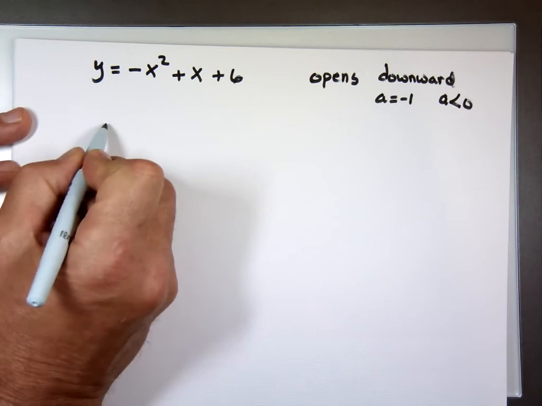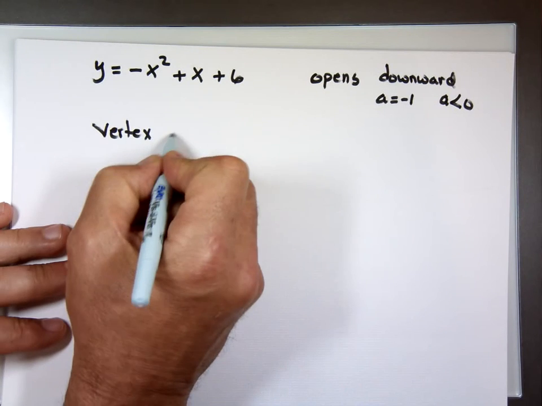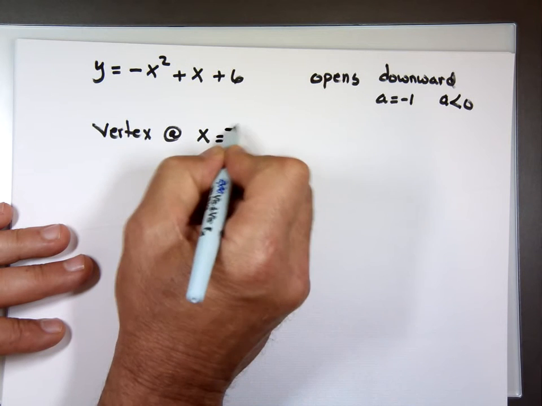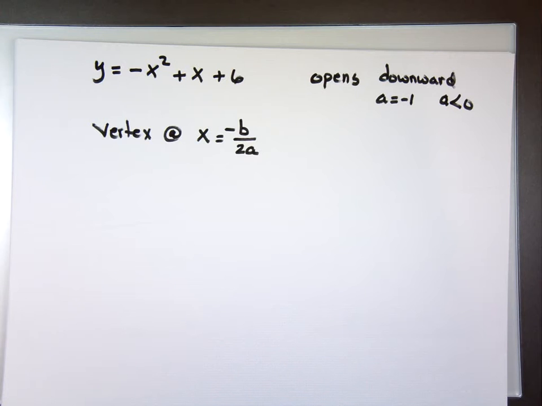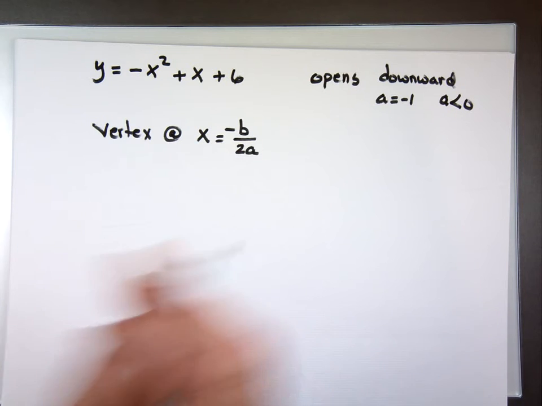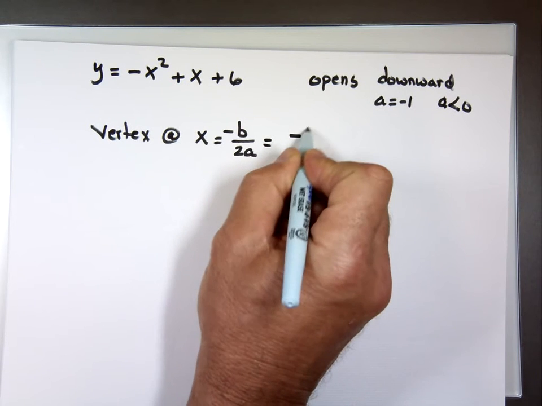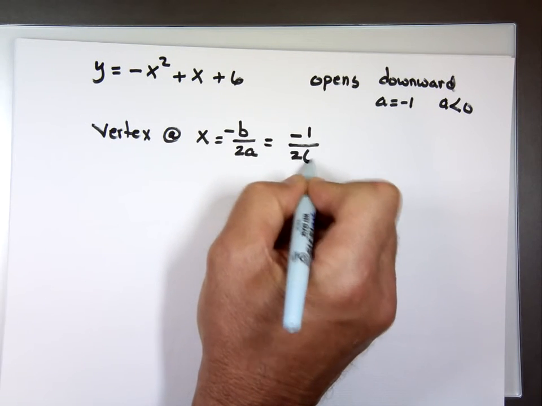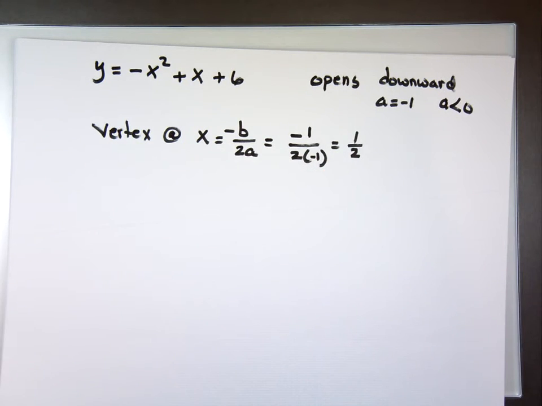The vertex, the center of the graph, is at x equals minus b over 2a. That's going to be -1 divided by 2 times the -1, which is 1/2. Yuck. I've got to deal with fractions. Can't help it. Every once in a while you have fractions.